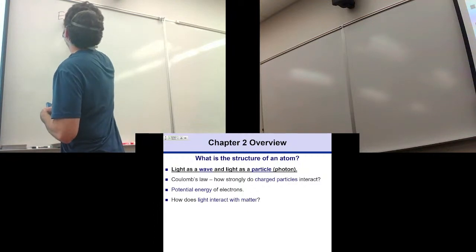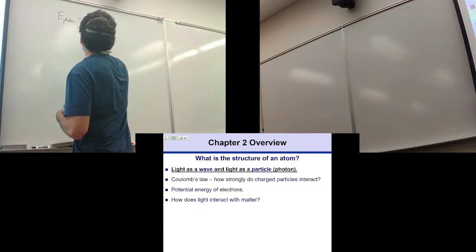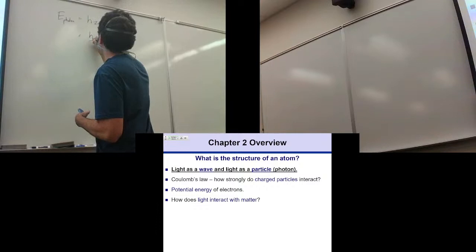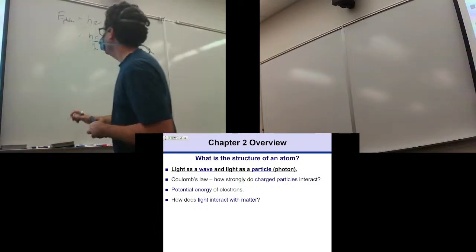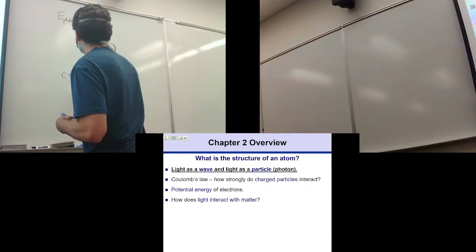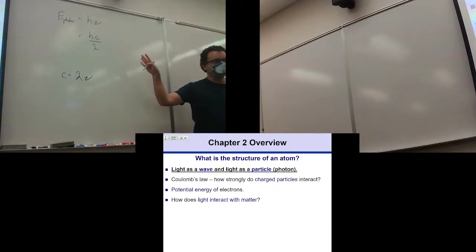Energy of a photon is equal to Planck's constant times the speed of light, times the frequency. Another version of it is using wavelength. And of course, you can relate frequency and wavelength using the speed of light. So we've seen all these, I think, right? Yeah, okay.